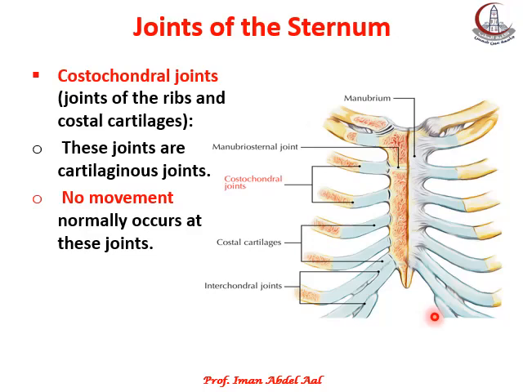Now we are going to study the costochondral joints. As we said before, costo means ribs, chondral means cartilage. So costochondral joints are the joints between the ribs and their costal cartilages. If you look here, this is the rib, this is its costal cartilage.